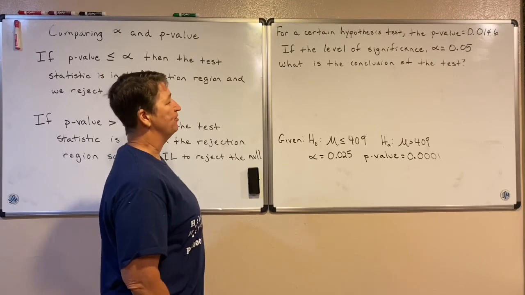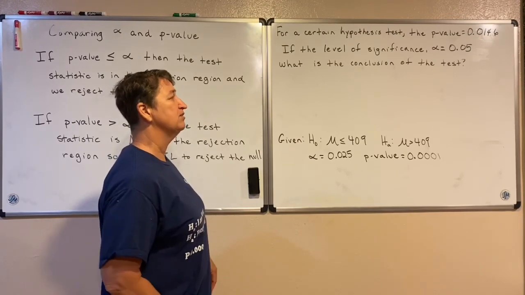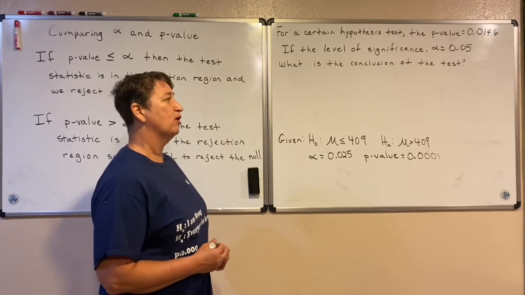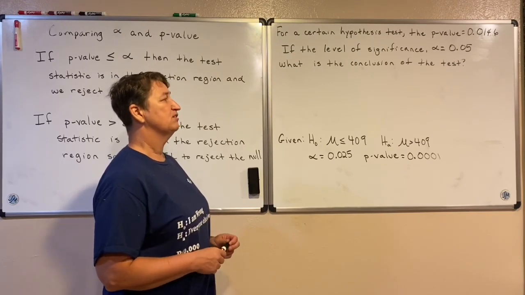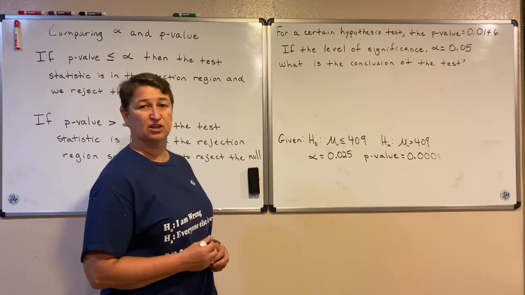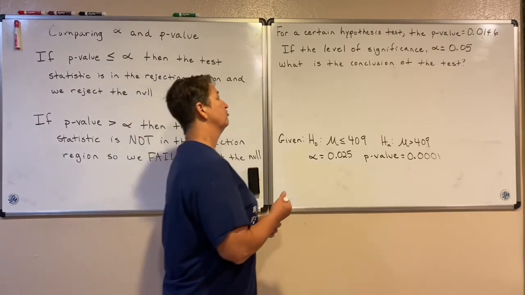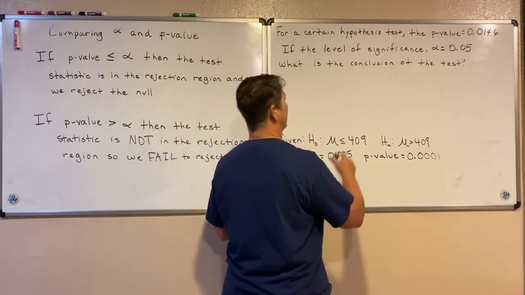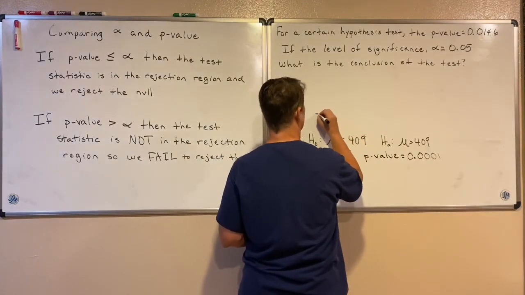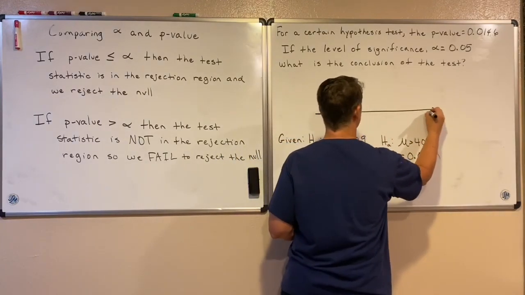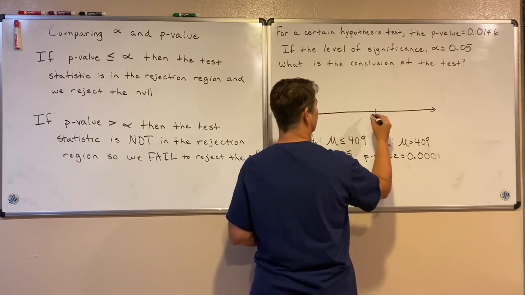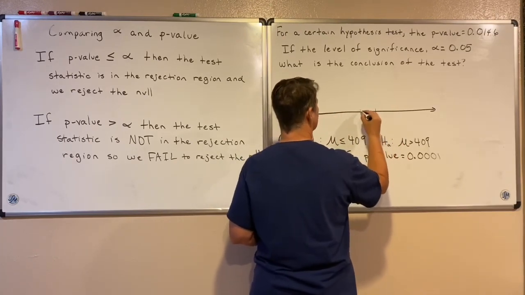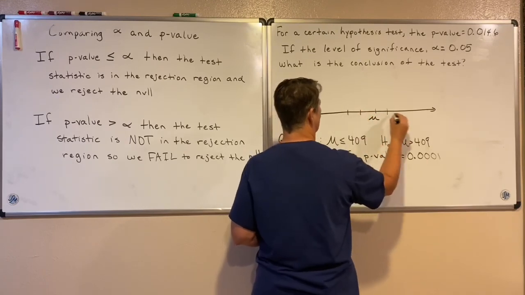For a certain hypothesis test, the p-value is 0.0146. If the level of significance is 0.05, what's the conclusion of this test? So think about what that means. I don't know if this is a 2-tailed test or a 1-tailed test. I don't really know much about it. All I have is the level of significance and the p-value. But let's just pretend for a minute that it was a 2-tailed test.